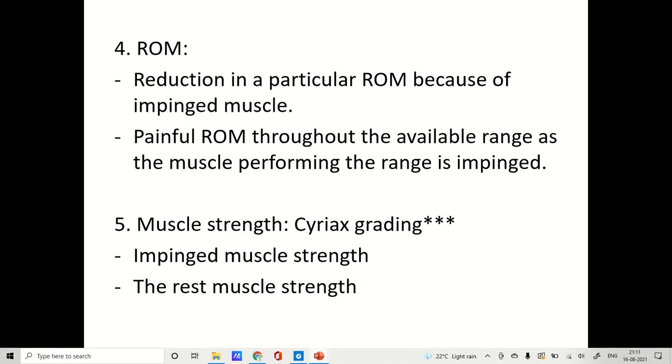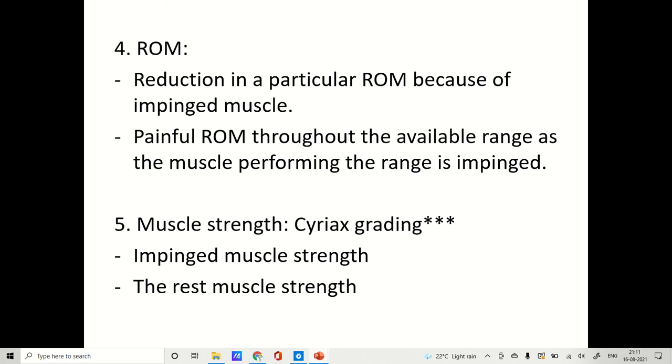We already know the muscle is getting impinged, the muscle is getting weaker, it is undergoing inflammation, edema, fibrosis and whatnot in Neer's progressive impingement stages. But painful range of motion is not common once you start the therapy. Initially, before the therapy, the patient doesn't perform any activity. He will just show the region of pain, that is the upper lateral aspect of the arm and the deltoid region, that is your shoulder joint.